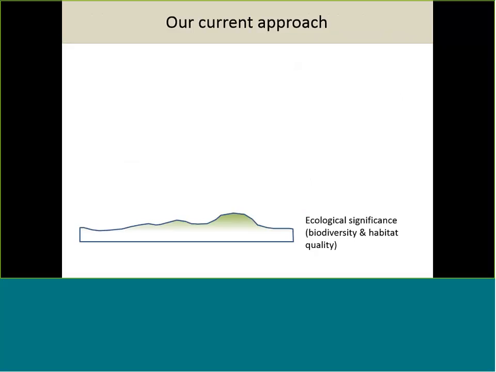And so a basic overview of our approach, and I'll go into each of these in more detail in a moment, was layering up themes of information that we have data on at a statewide level. So ecological significance was our baseline theme for the model that we created, and this includes biodiversity metrics and also habitat quality. And then we were able to lift certain parts of that model with protection status and also land cover of certain areas.